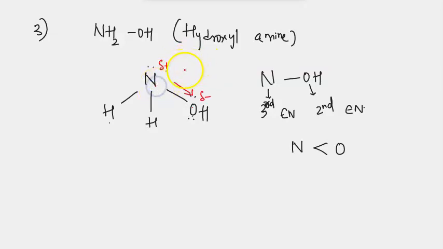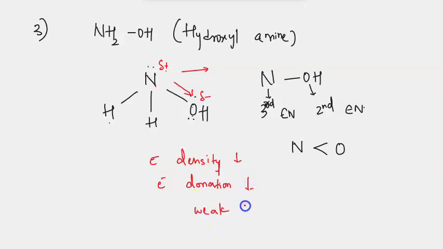Since nitrogen is getting a positive charge, it is itself becoming less electron dense, or more electropositive. In such a case, it will not be in a position to give electrons to an electron deficient molecule. So hence the electron density decreases, the tendency to donate electrons also decreases, and this becomes a weak Lewis base.